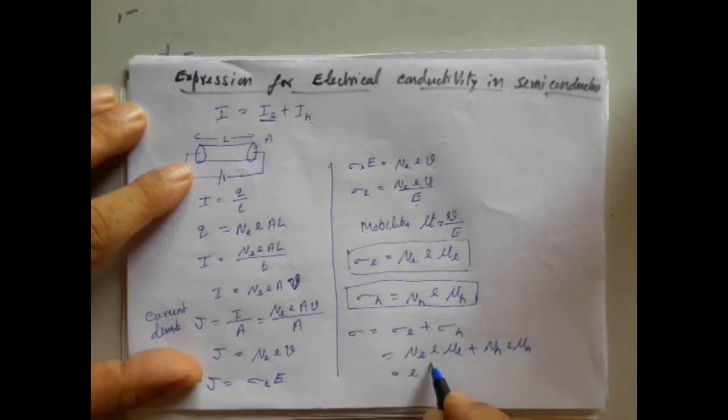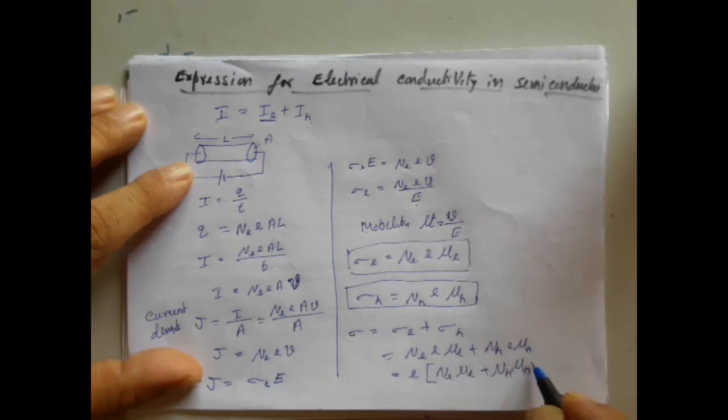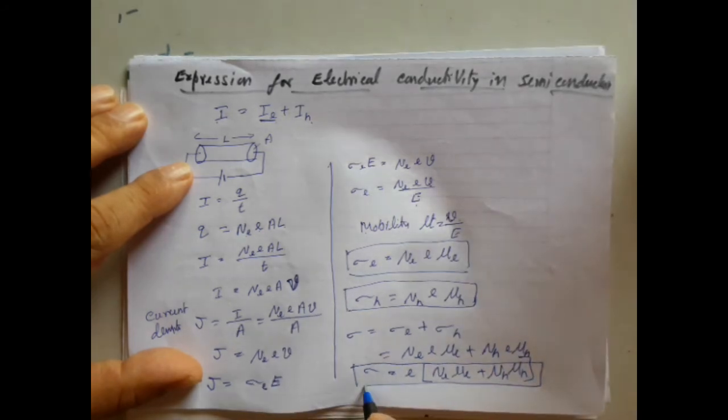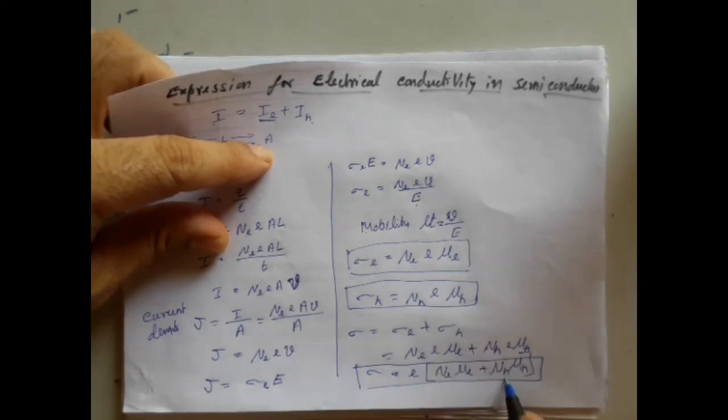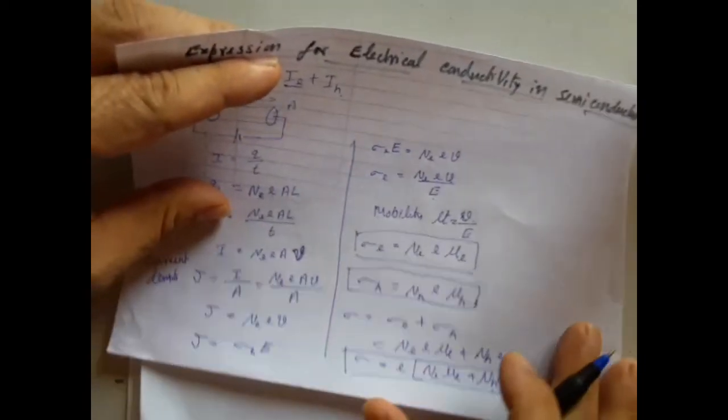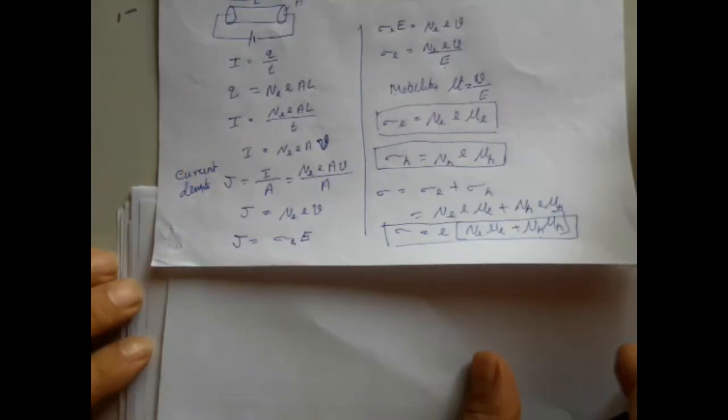Here I can take the electronic charge outside. Therefore, sigma equals e times Ne into mu e plus Nh into mu h. This is exactly the equation for the conductivity in the case of a semiconductor. However, Ne and Nh in the case of a pure semiconductor are always equal.